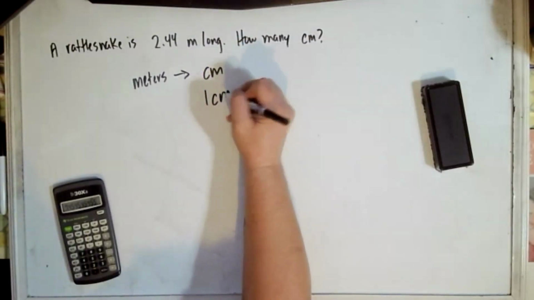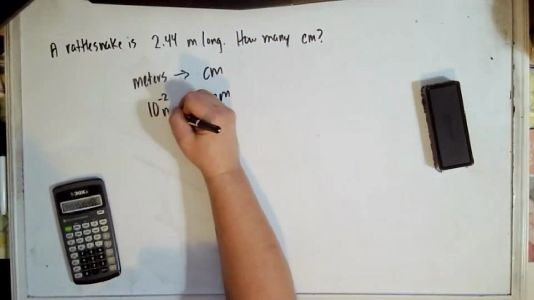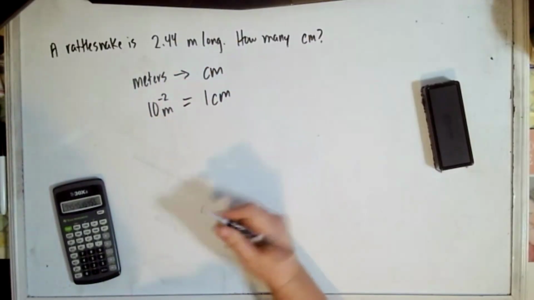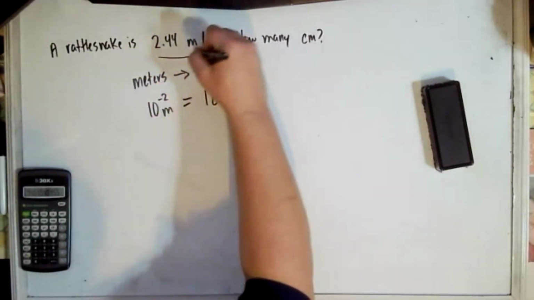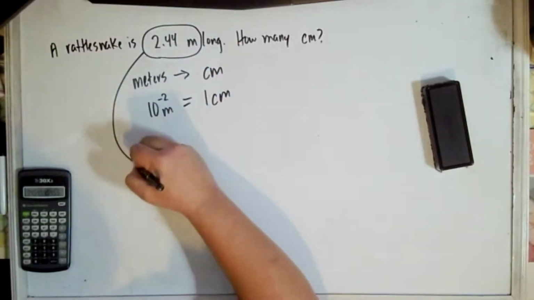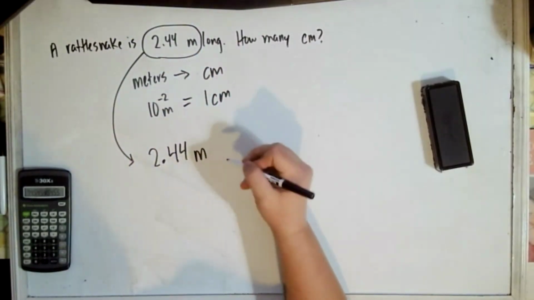Every 1 centimeter is going to be equal to 10 to the negative 2 meters. And then we can set up our problem. The information that we're given here, 2.44 meters.